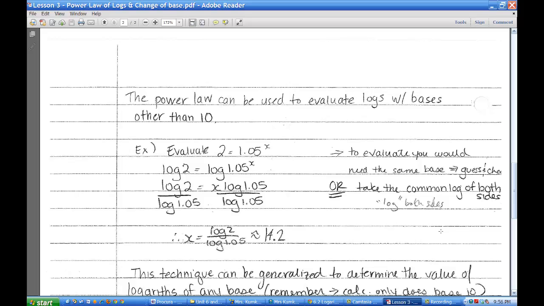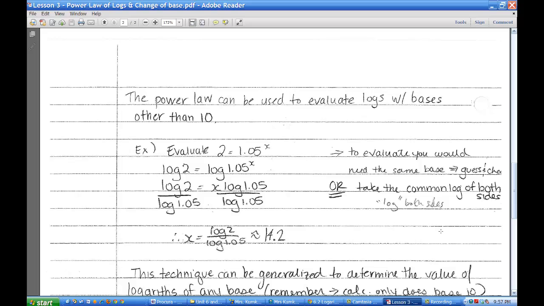So instead of guessing and checking which base is going to give you the same answer, you can just take log of both sides of the equation. So 2 equals 1.05 to the power of x. Which x is going to give me 2 when I raise 1.05 to that power? Log 2 equals log of 1.05 to the power of x.